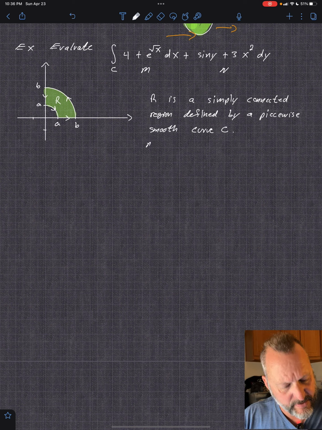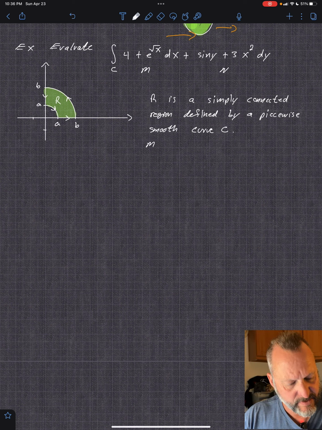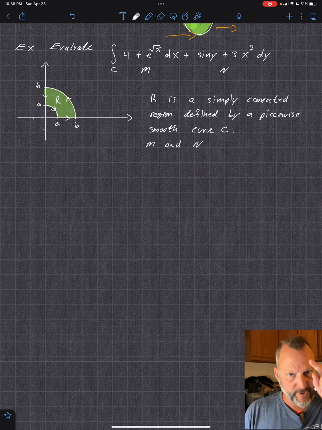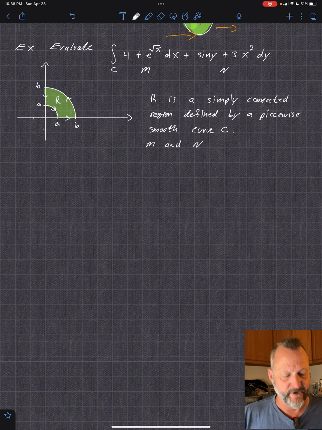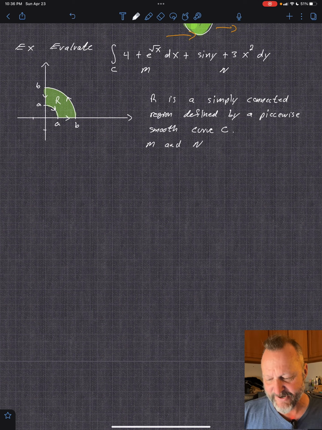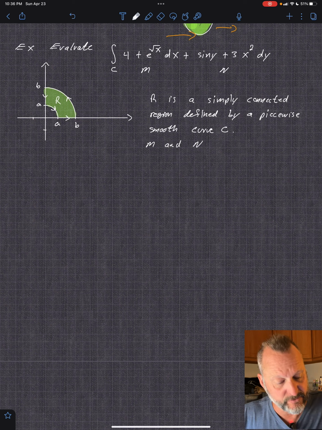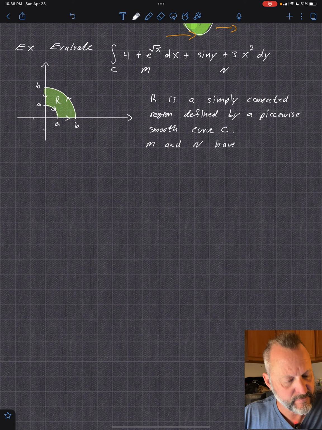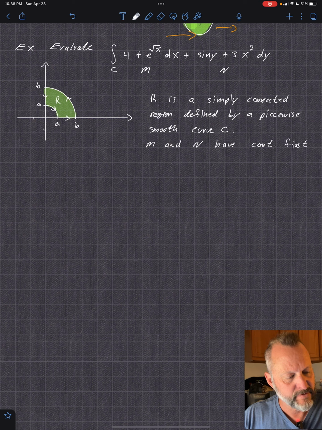What else? M and N, and I wrote them underneath there so you'd know what they are, or you can just write them out, have continuous first partials.